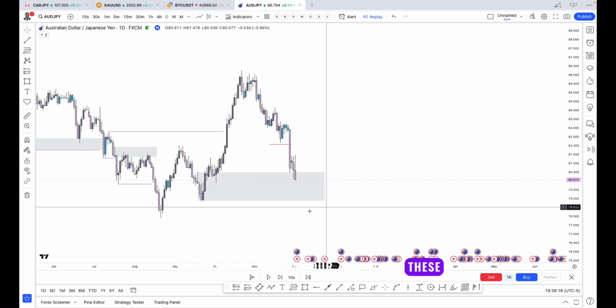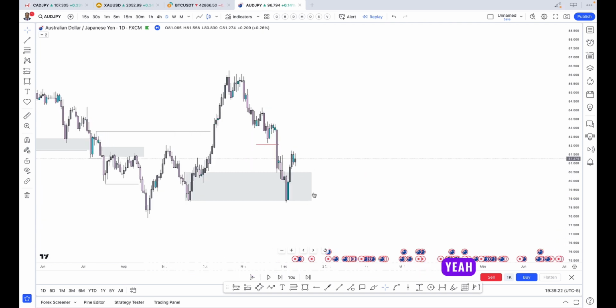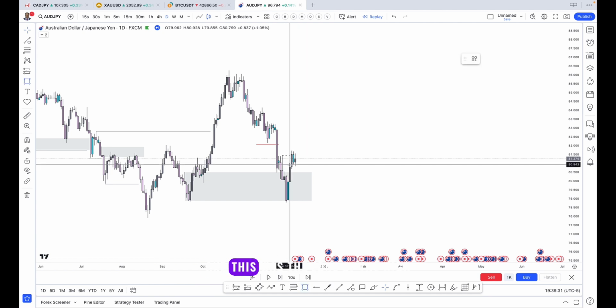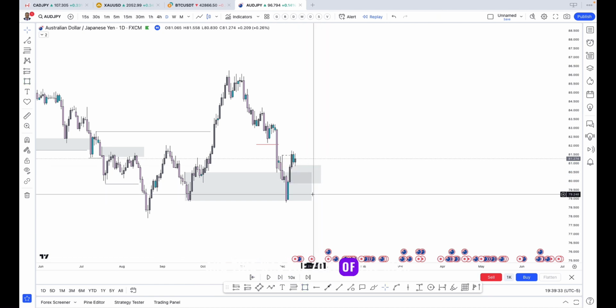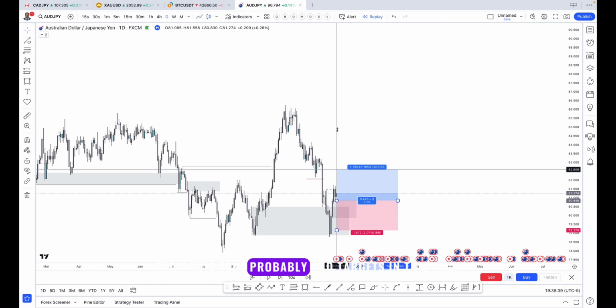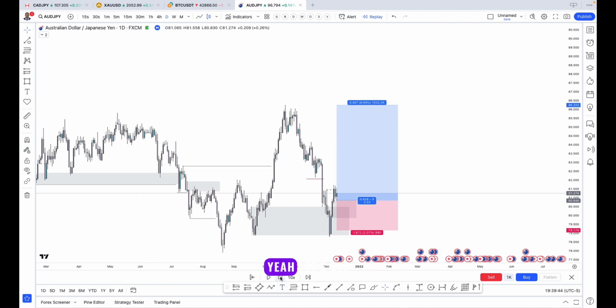We found this, then we expect the market to do two things there. Yeah, so we have this move. That was a very good one, and this was the zone that pulled up the high. So we're supposed to be taking a trade from this zone probably and targeting this high. Yeah, let's see.